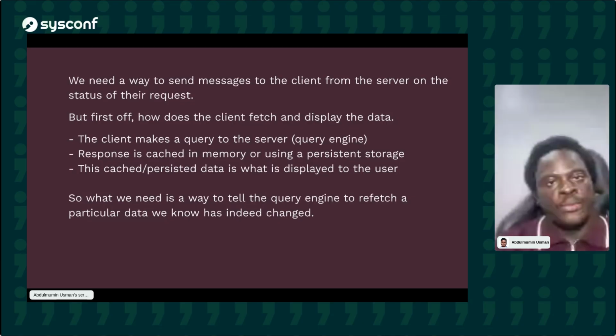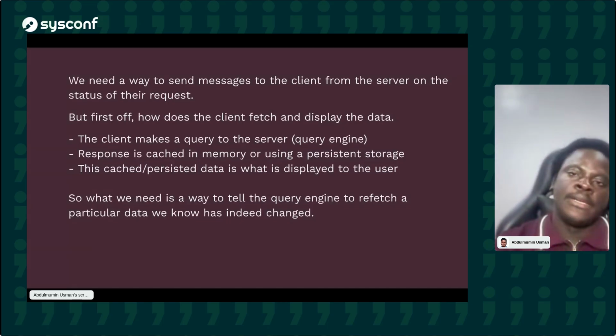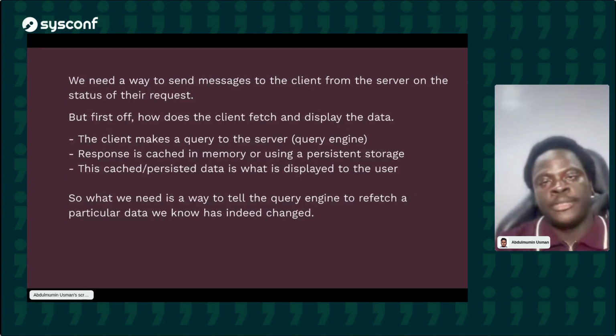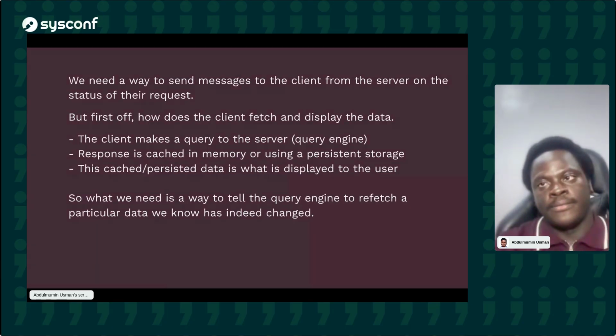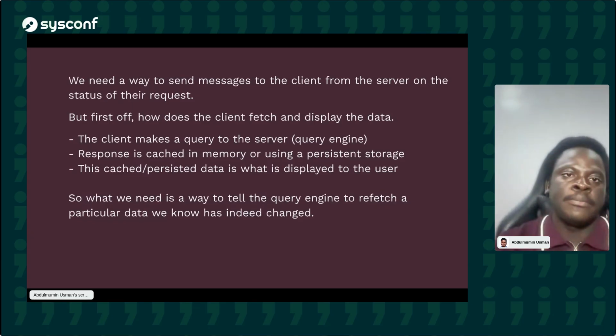So we also need a way to send messages to the clients from the server on the status of their requests. The server is processing it and the worker, fine. But what if it fails, how does the client know? You have to send a message to the client.